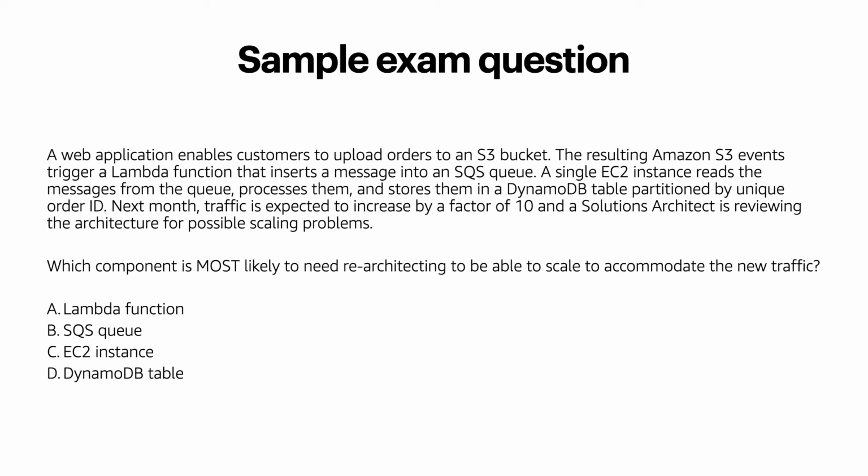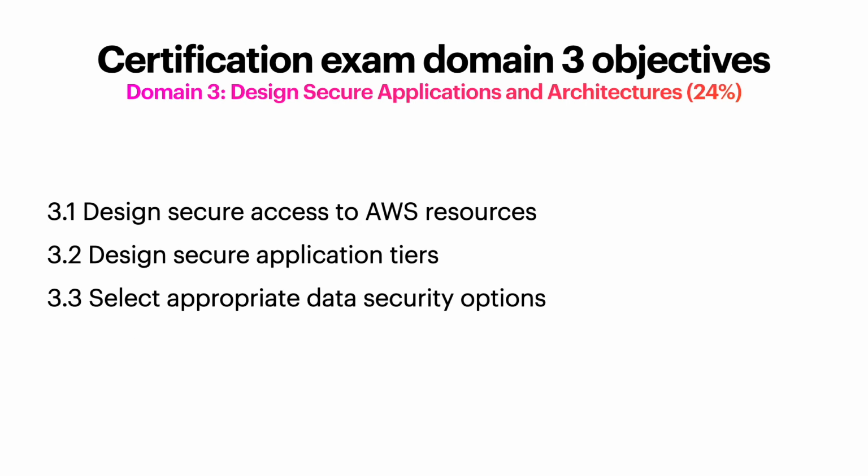It's highly scalable by default, and we don't have access to do anything about the scalability of Lambda. The same scenario applies for SQS and the DynamoDB table. We are left with one choice because we are going to scale the system. The only component that I can see here that needs scaling is that single EC2 instance.